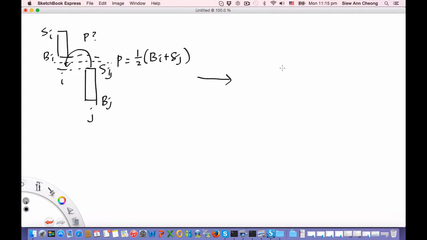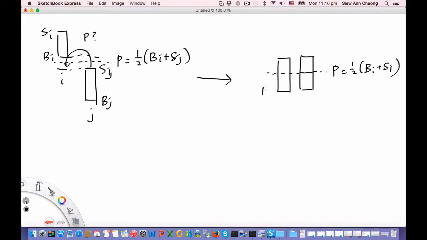And after the transaction, since traders I and J have discovered the price, we will make it such that the midpoint of the two reserve prices for traders I and J is exactly at P, which is one half of BI plus SJ.